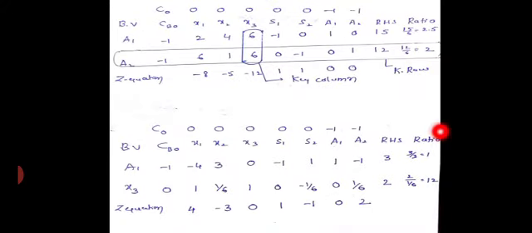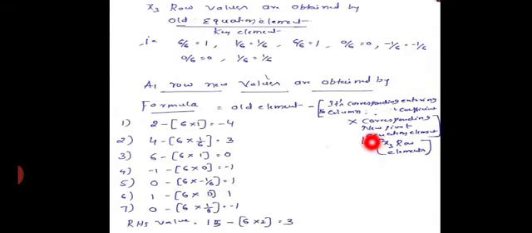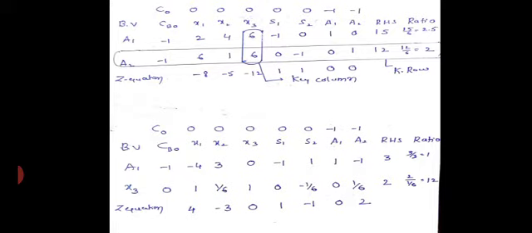Similarly, for the fifth one, 0 minus of 6 into minus 1 by 6, you're going to get minus 1 into 0 plus 1. Similarly, for the next, the corresponding key column element is minus of 1 minus 6, and the new entering variable will be 0.